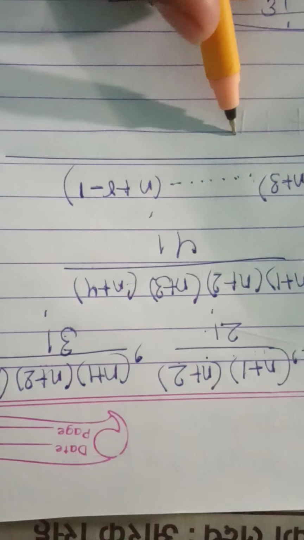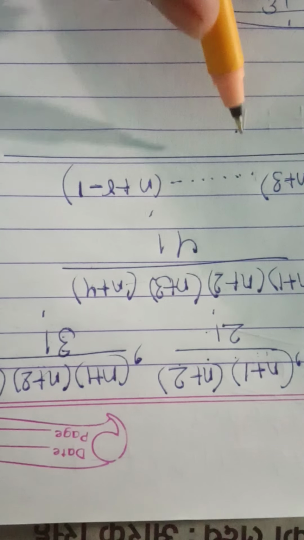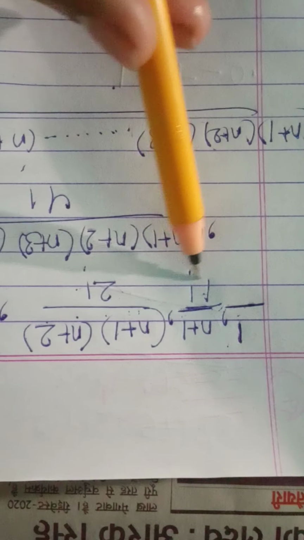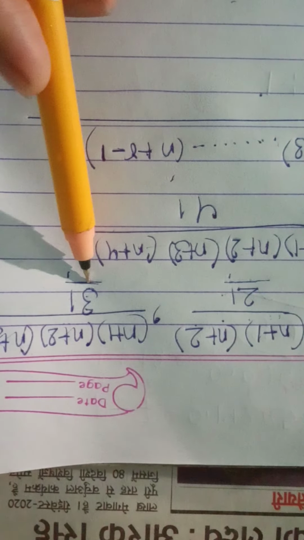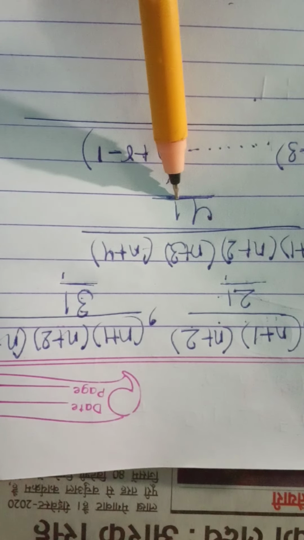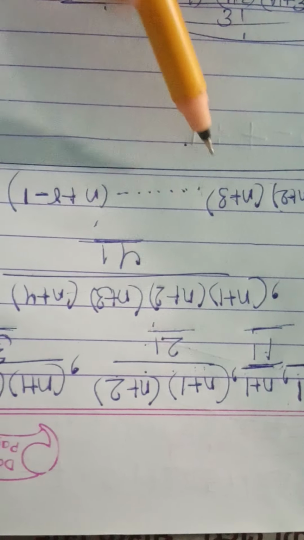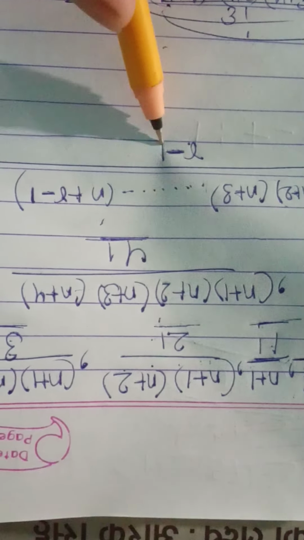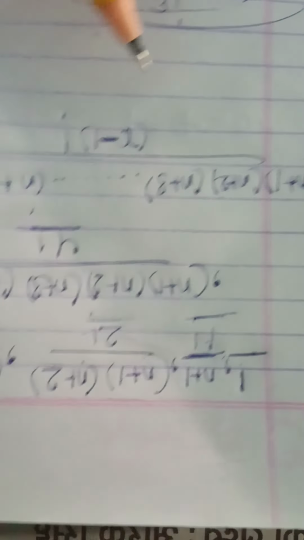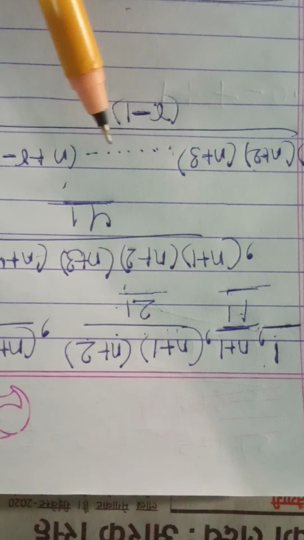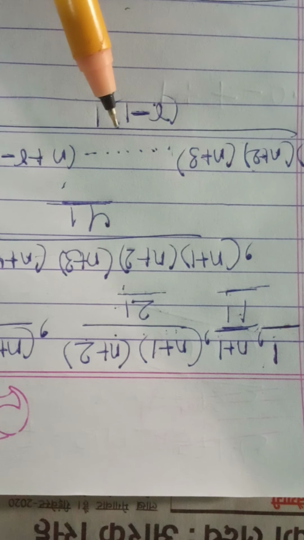And in the denominator, for second term we have 1 factorial, for third term 2 factorial, for fourth term 3 factorial, for fifth term 4 factorial, and hence for rth term r minus 1 factorial. So it's a very simple trick to calculate the number of terms in any expansion.